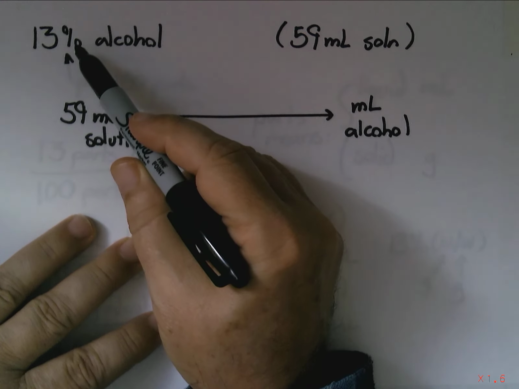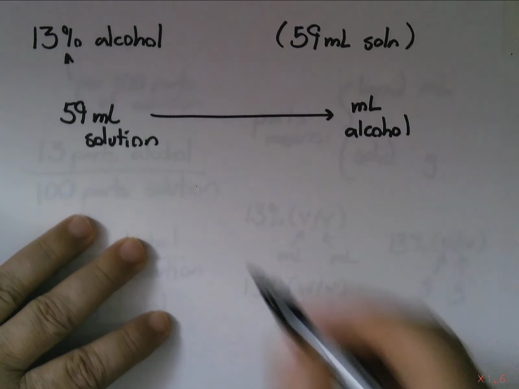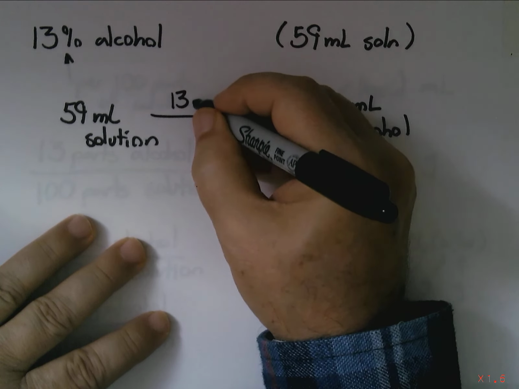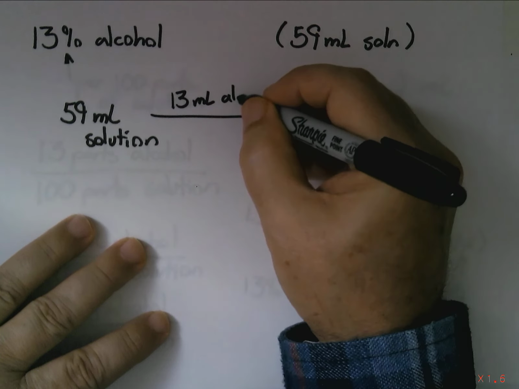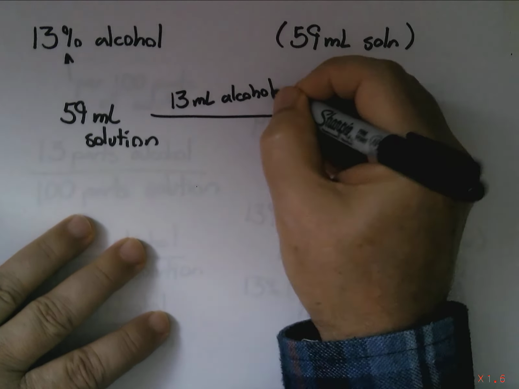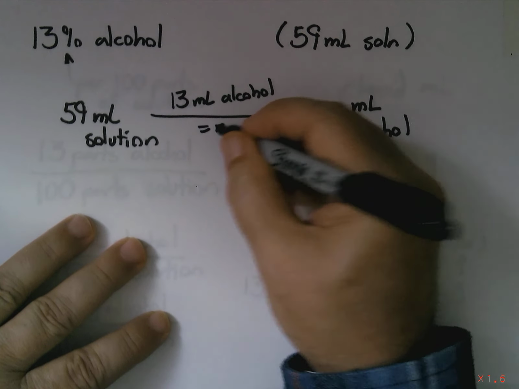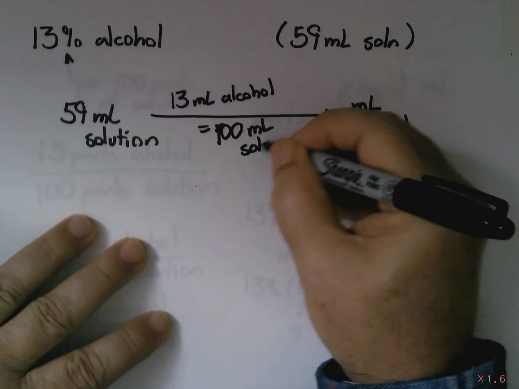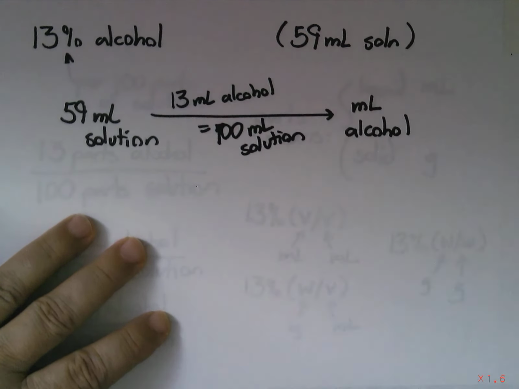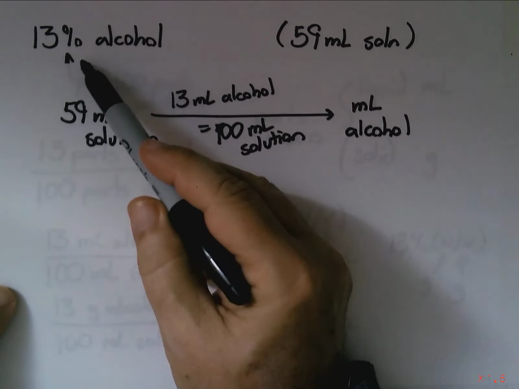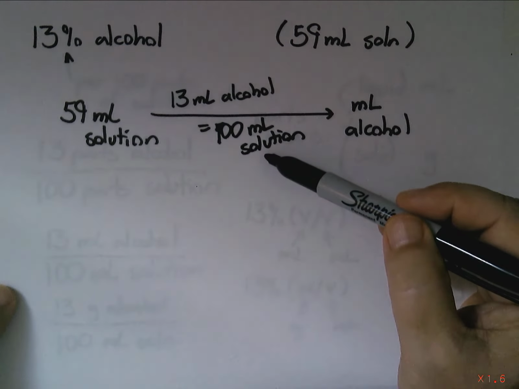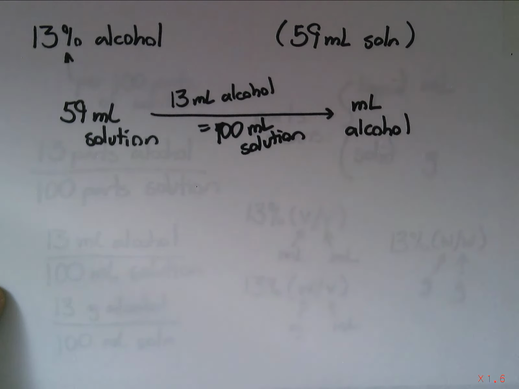Now, if this is a V over V conversion, I can write 13 milliliters of alcohol equals 100 milliliters of solution. Now notice percent is always per 100, so I'm not going to be tempted to put the 59 milliliters down there, right? That wouldn't make sense.